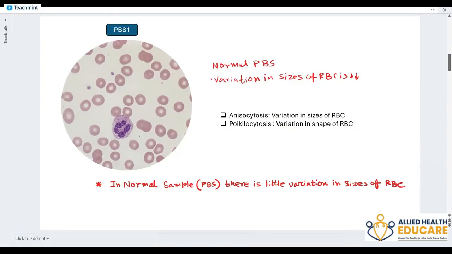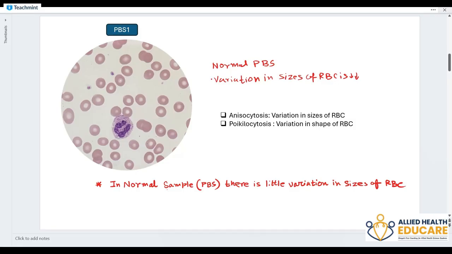This variation in sizes of RBC is called anisocytosis. Anisocytosis means variation in sizes of RBC. If there is too much variation or a larger variation, the degree of anisocytosis will be higher. If there is little variation between the sizes of RBC, then there is a small degree of anisocytosis.